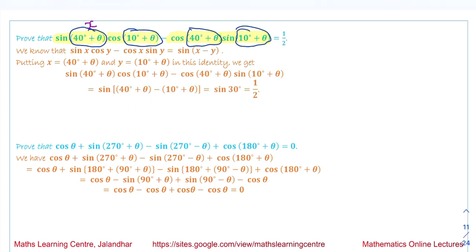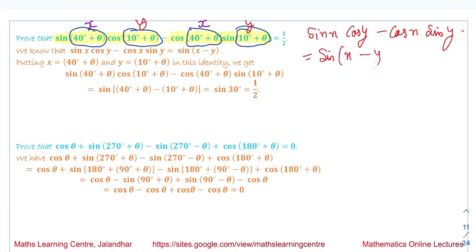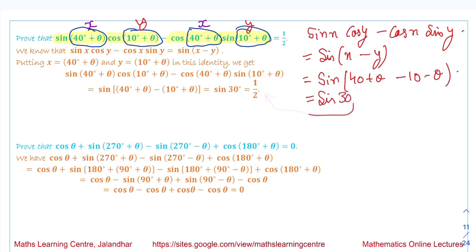If we write the first term 40 plus theta as x and the second term 10 plus theta as y, this value becomes sine x cos y minus cos x sine y, and this is the formula for sine of x minus y. So this is equal to sine of 40 plus theta minus 10 minus theta, which is equal to sine of 30, and that is equal to 1 by 2.